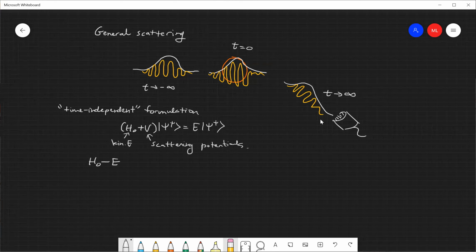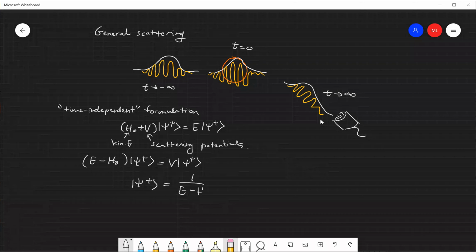You can put the energy over here, no, sorry, opposite sign here. You can put the H naught over here, and the psi plus over here. Then you could have some kind of equation for psi plus if we're able to invert this operator, which we might have some hope of doing because we know what the kinetic energy operator is.